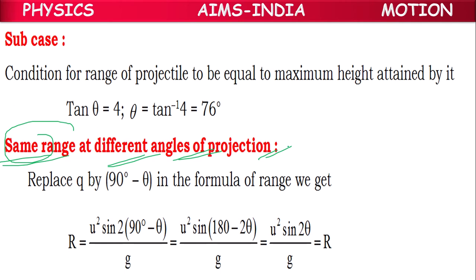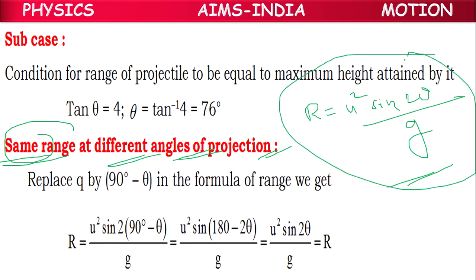Suppose we know the formula of r is u square sine 2 theta by g. This is the formula for range. In this formula for range, if we replace theta by 90 minus theta, what happens?